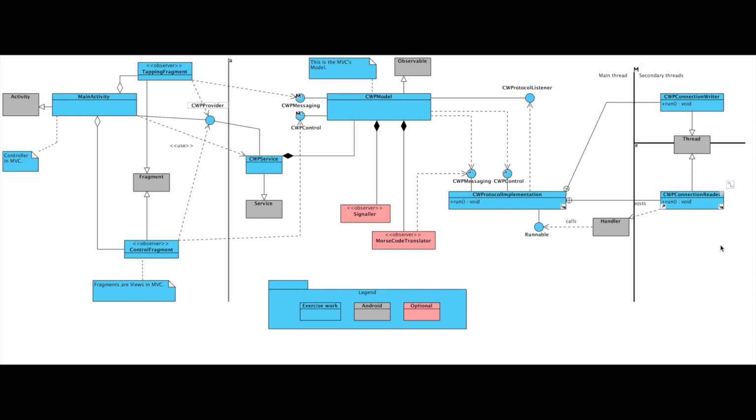Connection reader, which takes care of actually connecting to the server, and a writer that just sends messages to the server. These both are implementing or extending the thread class.